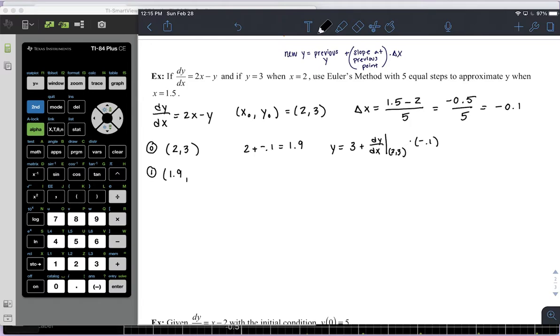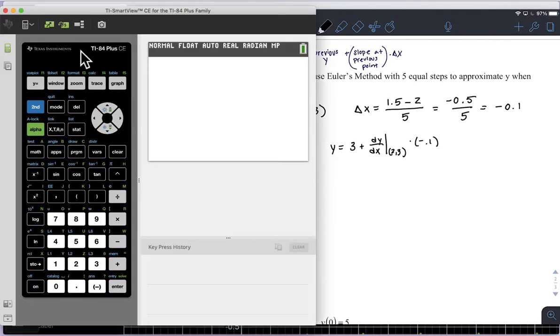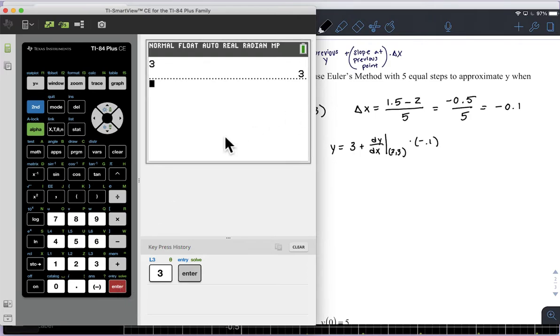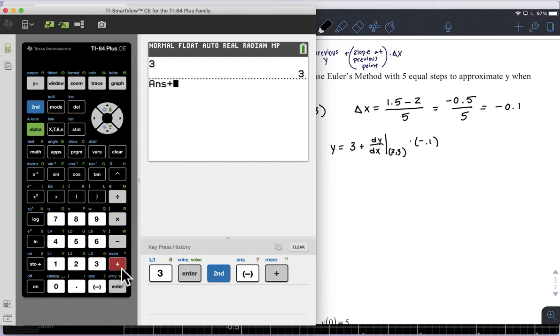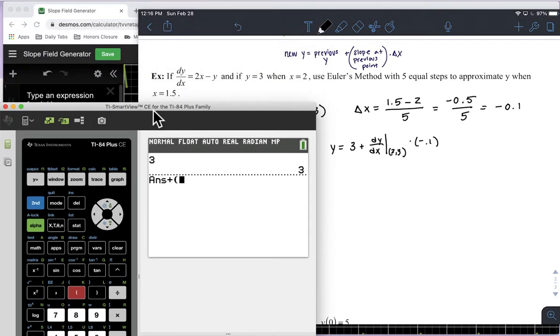Okay, I'm just going to do that on my calculator. So I'm going to switch over here so we can see the calculator fully. The way I like to do this is to copy things down and not have to change a ton between iterations. So I'm going to type my first y coordinate and hit enter. My next y coordinate has the formula of my previous answer, so I'm going to do second answer to pull that up. Plus, I want to plug in my slope. According to this formula, my slope is 2x minus y.